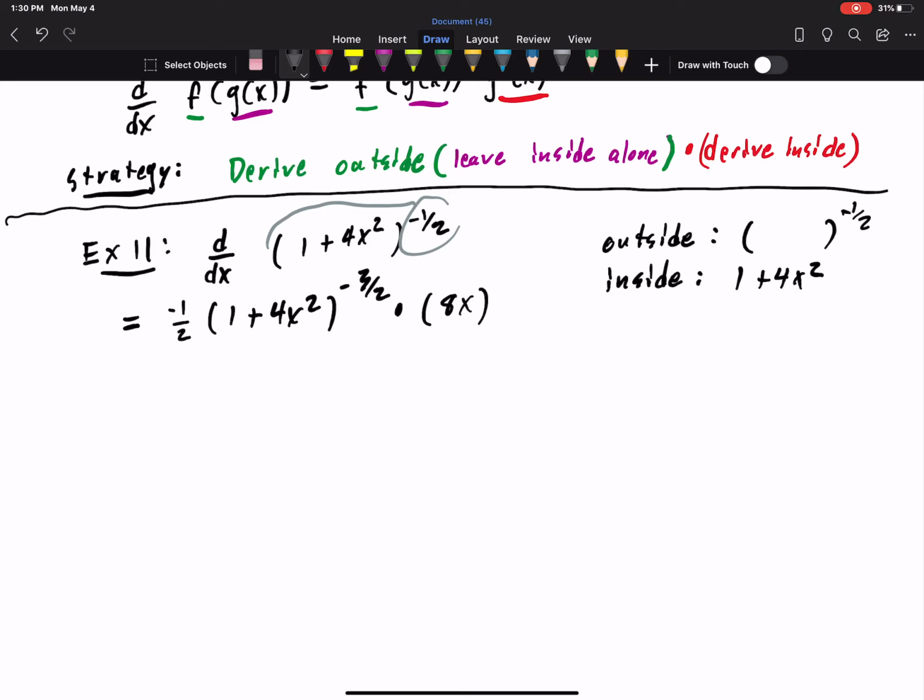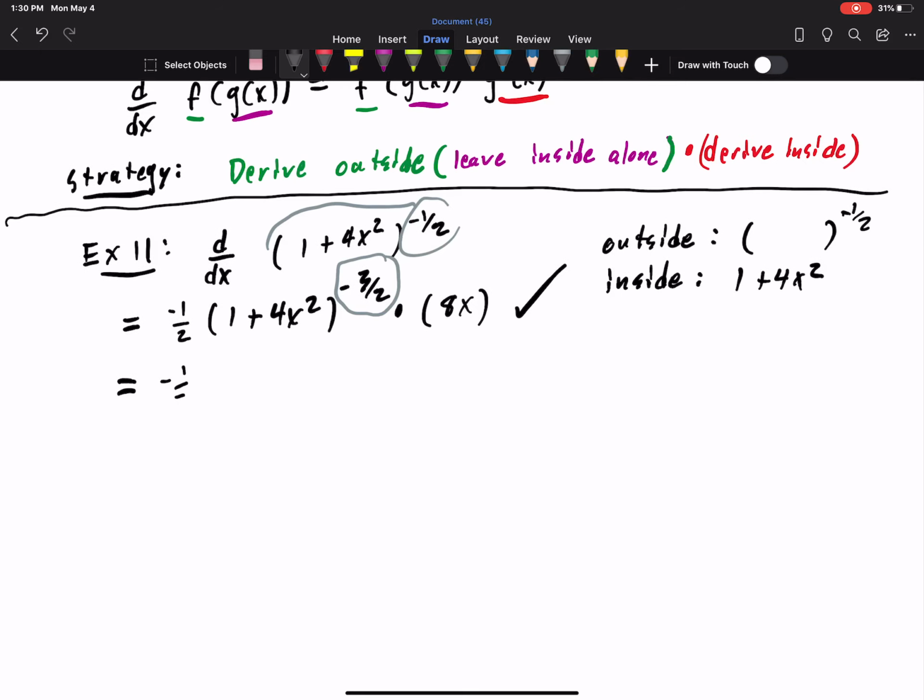All right, now we want to simplify this a little bit. You could stop here if you were just asked to derive. If it says derive and simplify, just keep following along. So we have this negative 3/2 power that we need to worry about. That means that we need to bring this entire parentheses and this power down into the denominator. So let's do that.